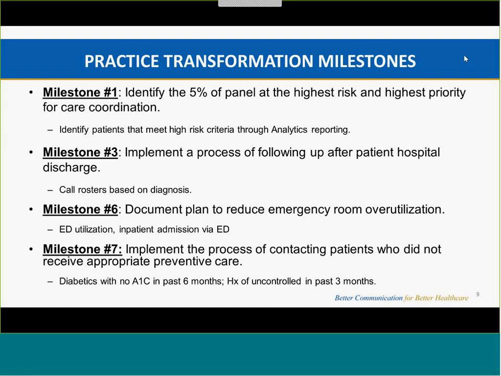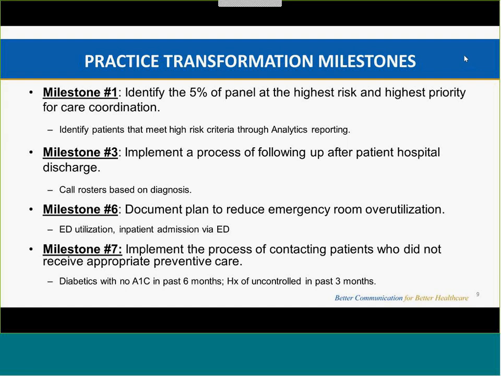And then basically that gives you a list of your patients that you would want to reach out to and say, hey, we know we don't have a current hemoglobin A1C on file for you. We haven't seen you. We'd like to make an appointment and have you come on in. And it helps you then proactively monitor your diabetics a little bit easier.